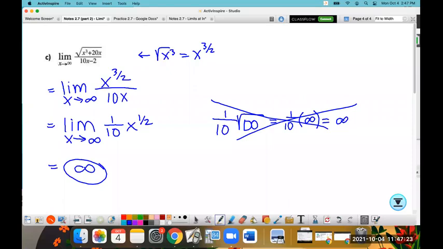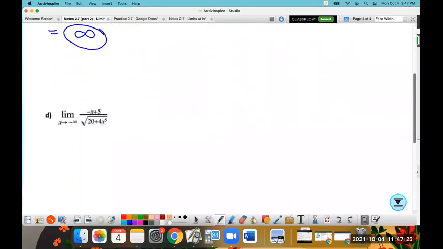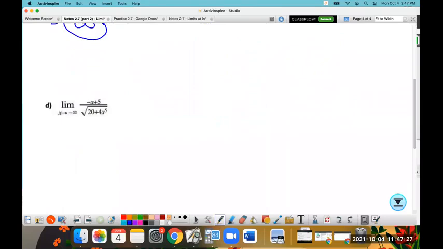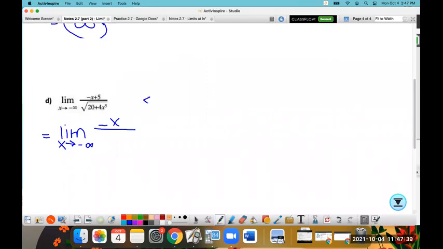Last one. Leading term in the numerator. Ooh. Negative x. You said 2x to the power of 5/2 for the denominator? Yeah.